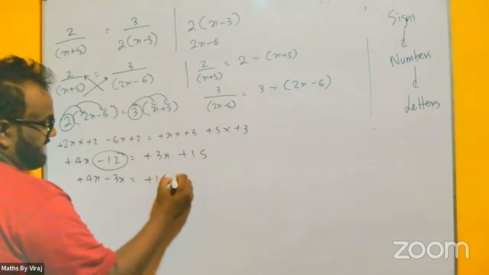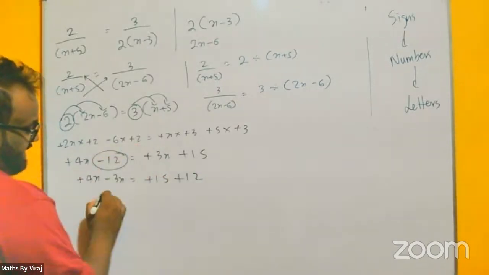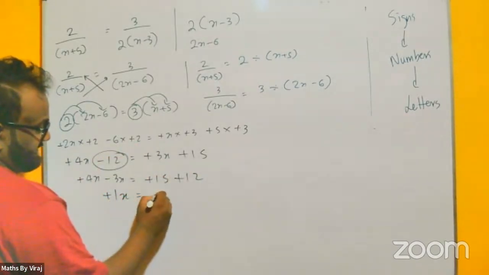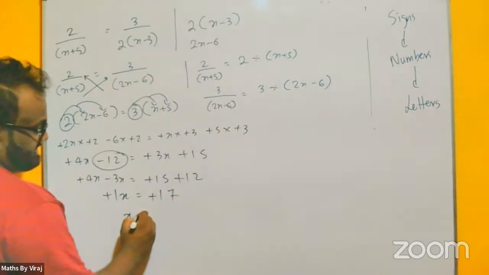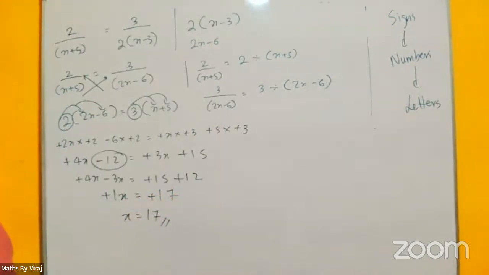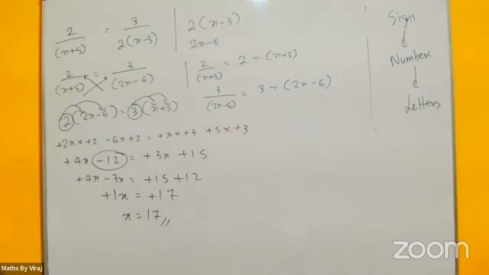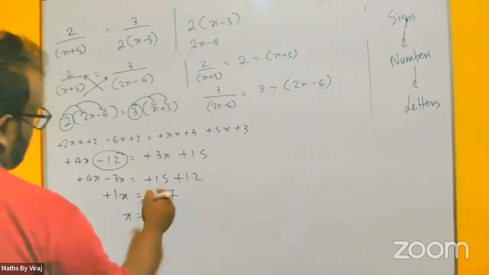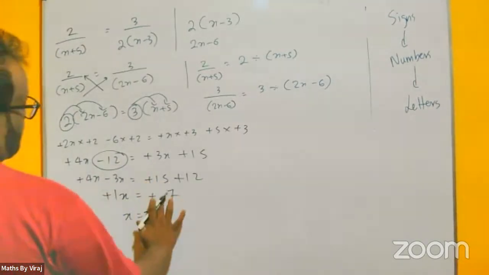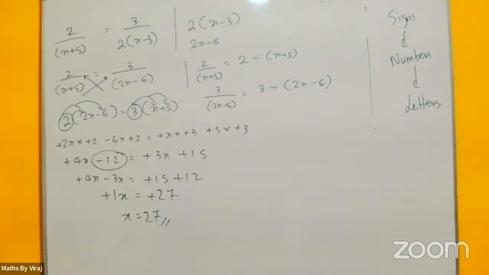When it goes to the other side it becomes plus. Therein plus 1x is plus 17, x is 17. Easy as such. Yes or no? Now always remember, in an instance as such, there is no need for you all to divide 17 by 1. You just can have it as such. Take it down.